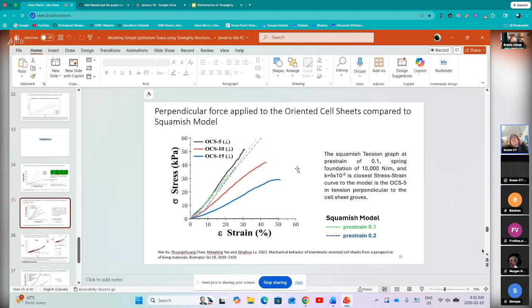And the main reason why this was a good model was because it covered all of the strain. It went from 0 to 40, or it's 0 to 50%, and it just matched these curves.